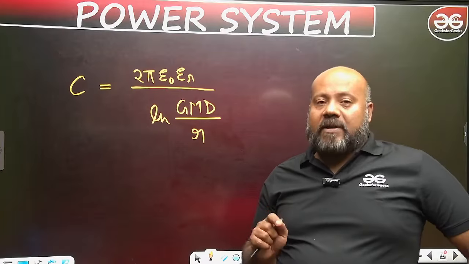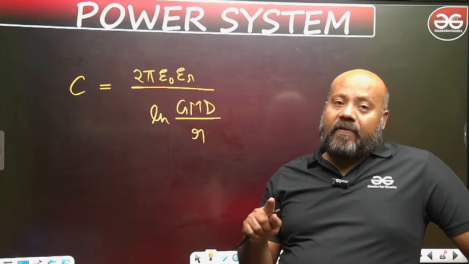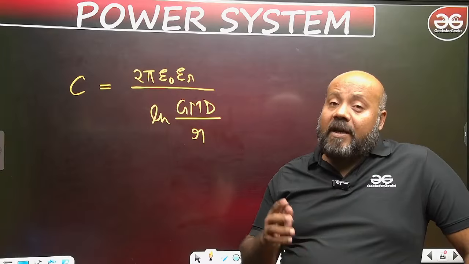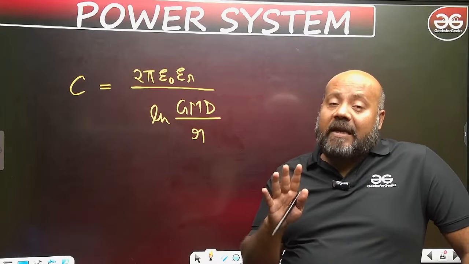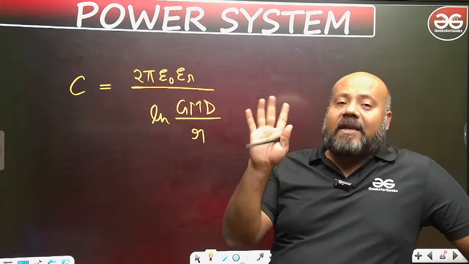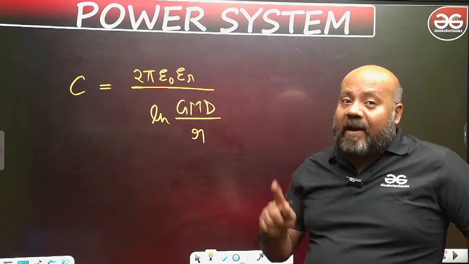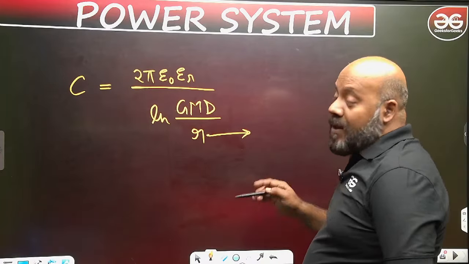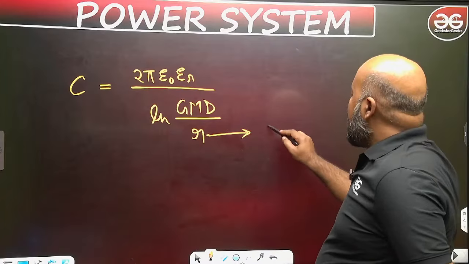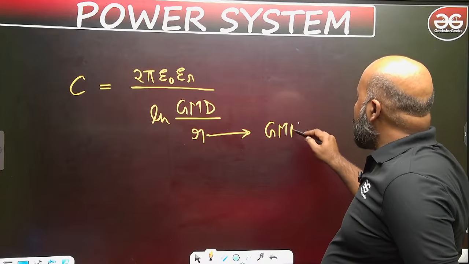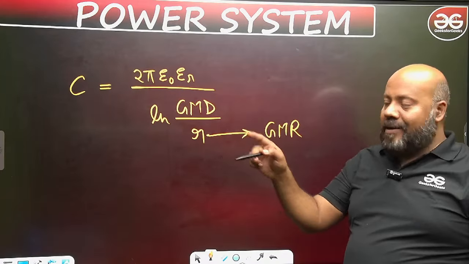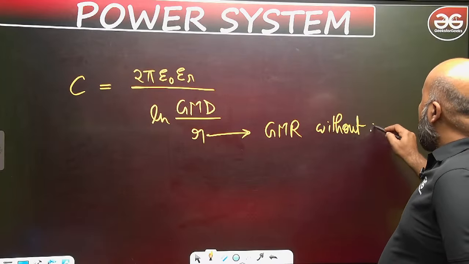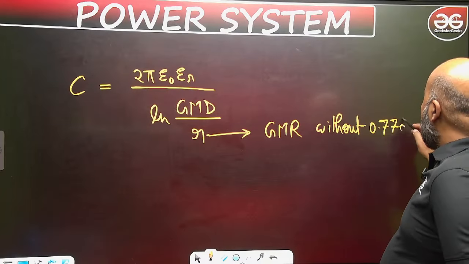But in case of capacitance, we have the electric field, and electric field cannot be present inside the conductor. It means there cannot be any internal flux linkage as far as the electric field is concerned. It means that factor is not going to come here. So this r is actually GMR, what you were calculating in case of inductance without the factor 0.7788.